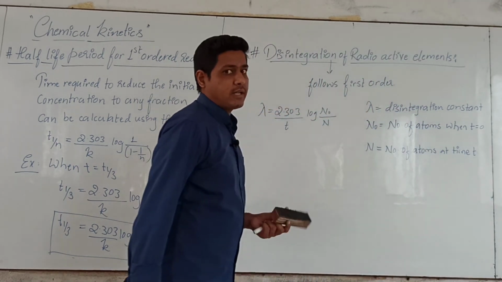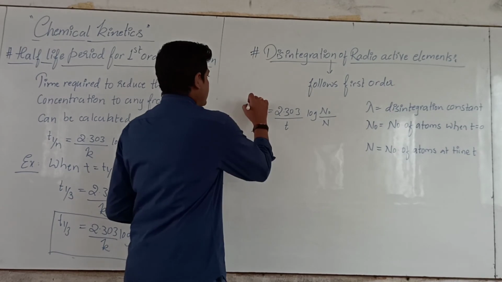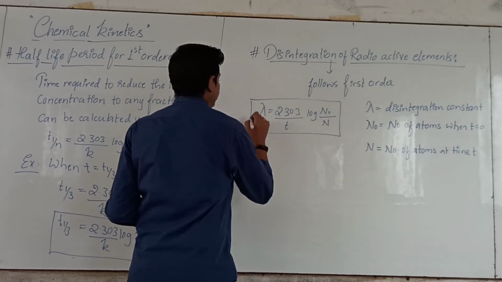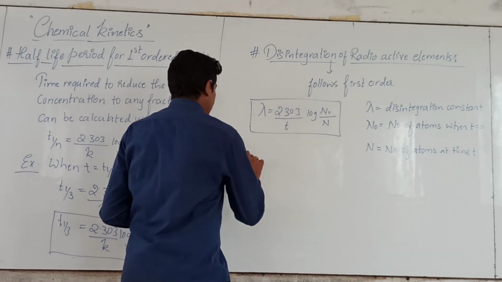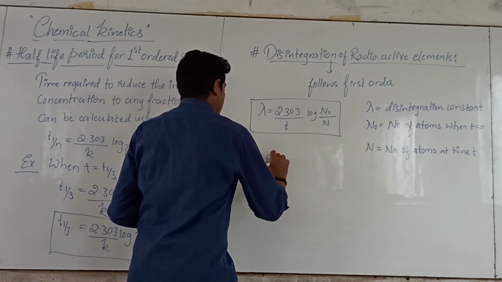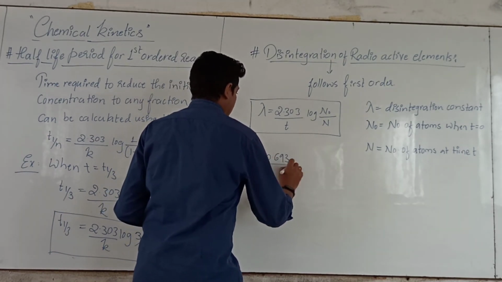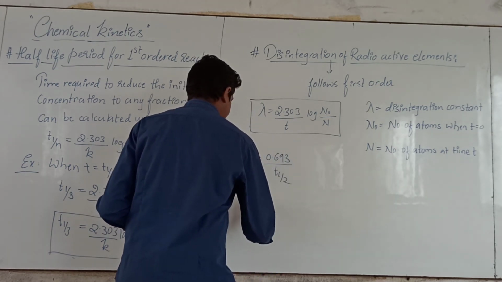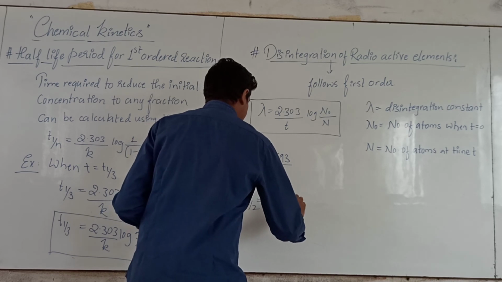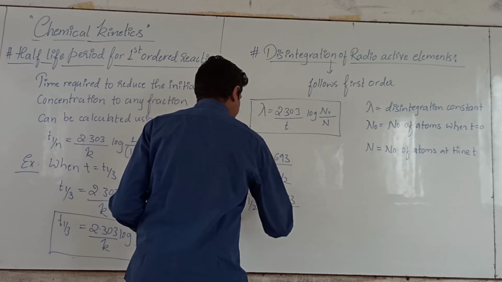So this is for the disintegration of radioactive elements. Then for half-life period, we will write lambda is equal to 0.693 divided by t half. This we can write as t half is equal to 0.693 divided by lambda.